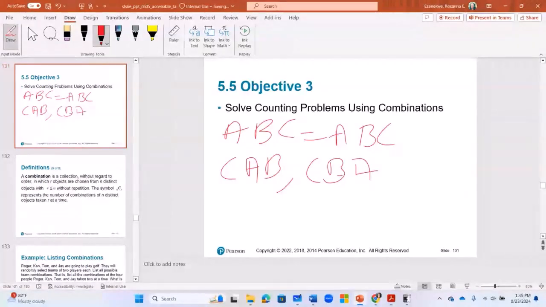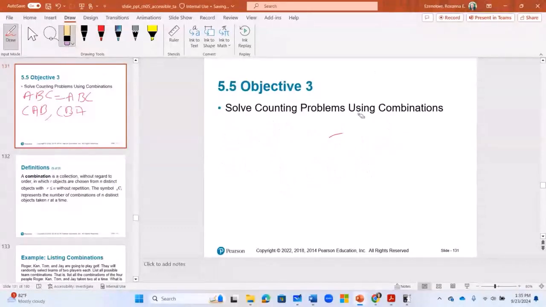Order is not important. But I want you to note this because we shall soon get to permutation. In combination, order is not important, so it doesn't really matter how many ways I can write ABC. ABC is ABC. That's why I want to make sure you know what order is not important means.